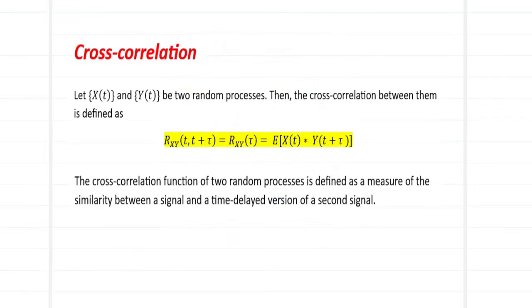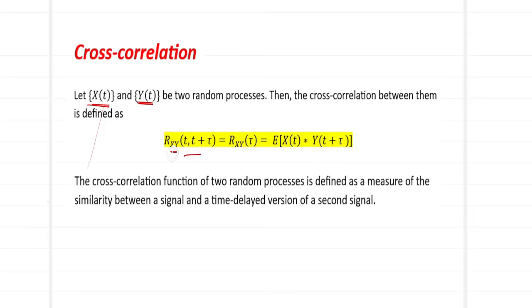What do we mean by cross correlation? Say suppose we are going to have two random processes, one given as x of t and the other one given as y of t. So there are going to be two different random processes. Then the cross correlation between them is going to be defined as Rxy of t comma t plus tau.